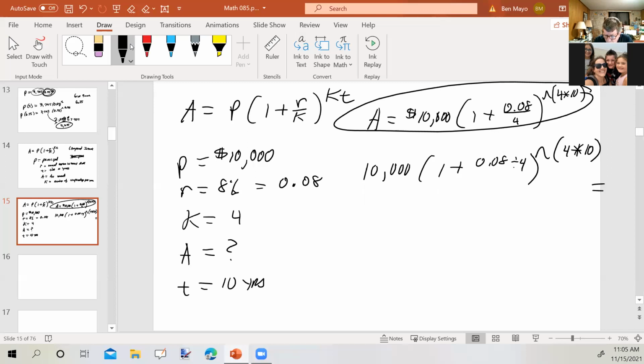If you don't pre-multiply the 4 times 10 and make it 40, you need to put parentheses around that whole thing. Otherwise, it's going to think it's raised to the 4th power, and then that whole result times 10. So you've got to tell the calculator that that 10 is part of that exponent. Make sure you're getting the same answer that way.